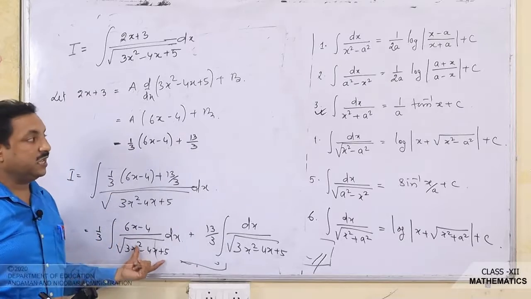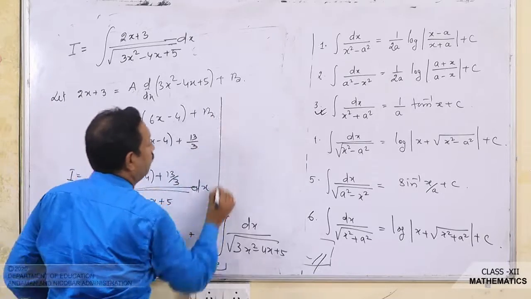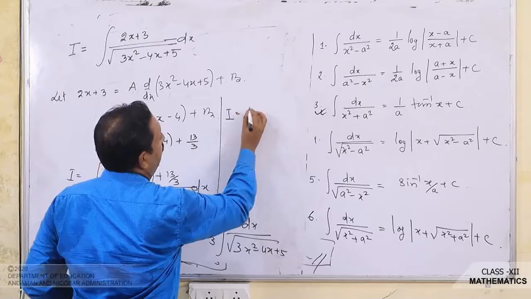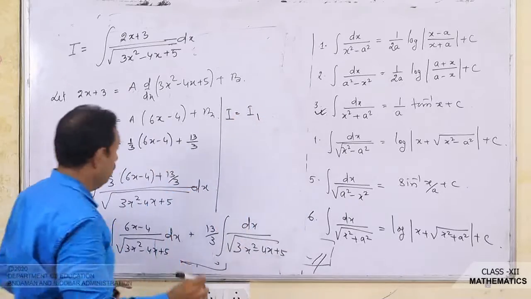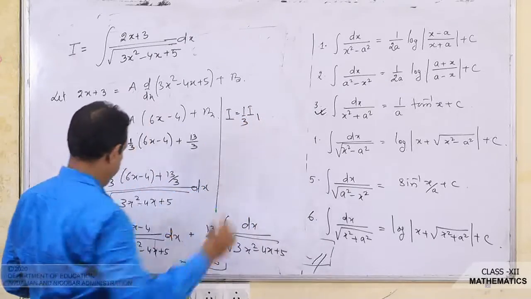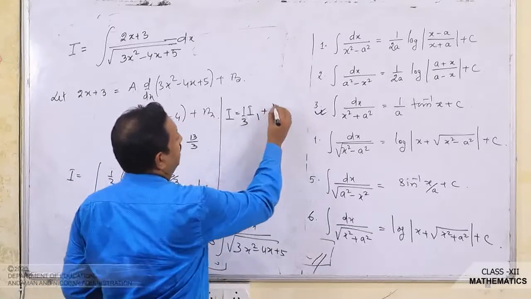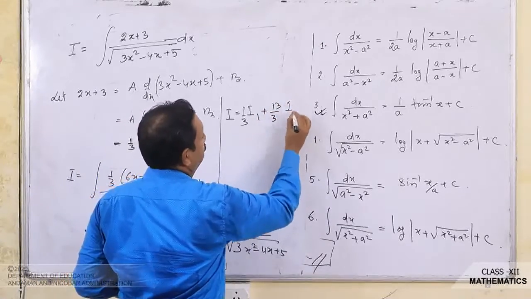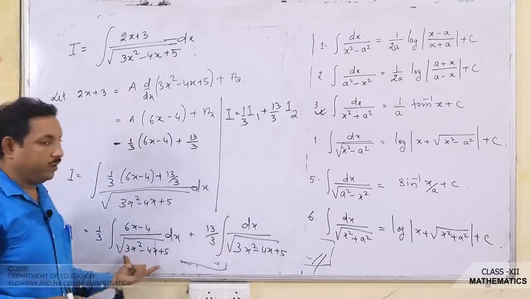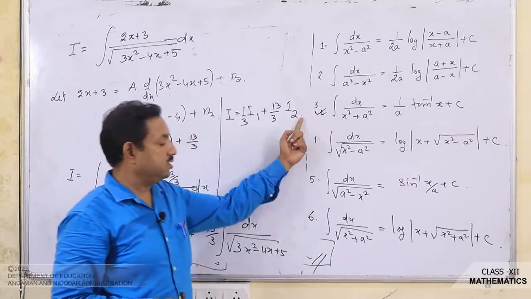Now, I write this as I1 and this as I2. So, our I equals 1 by 3 times I1 plus 13 by 3 times I2. Your I1 is this one and your I2 is this one.